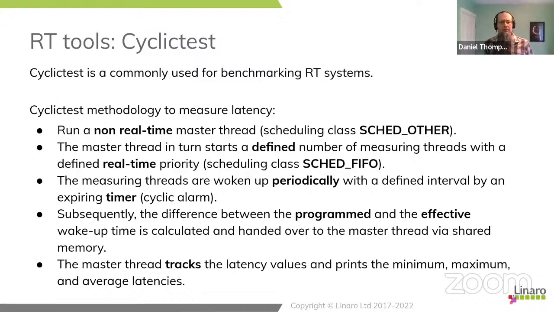They are woken up periodically on a high-resolution timer, and we can then read the clock source and measure the difference between the programmed time and the actual wake-up time. And that is a relatively good measure of the latency that was observed by that specific instance. And then it's statistics after that.